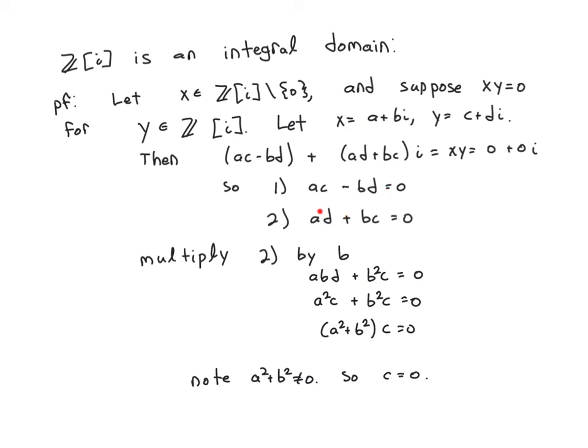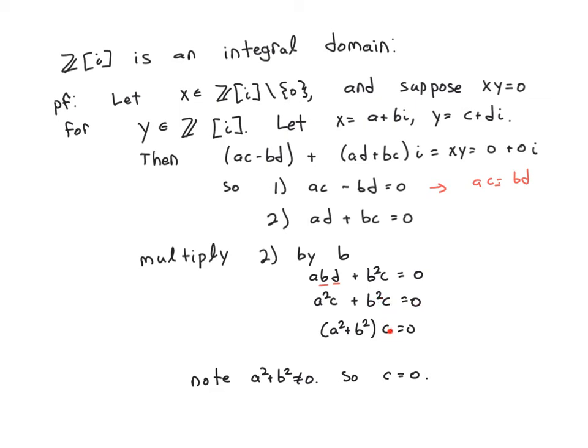If you multiply the second equation by b, you get abd plus b squared c equals 0. From the first equation, it's worth pointing out that ac is equal to bd. So I can replace the bd with ac and I get a squared c plus b squared c equals 0.